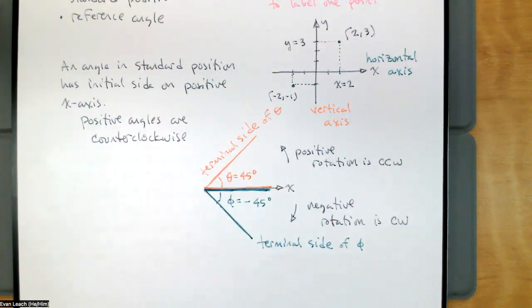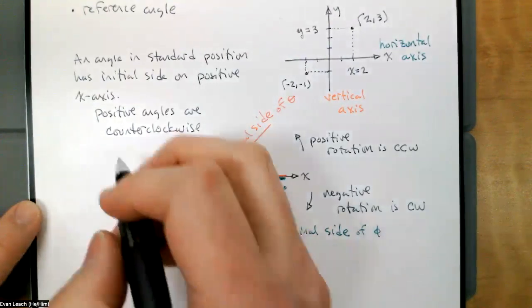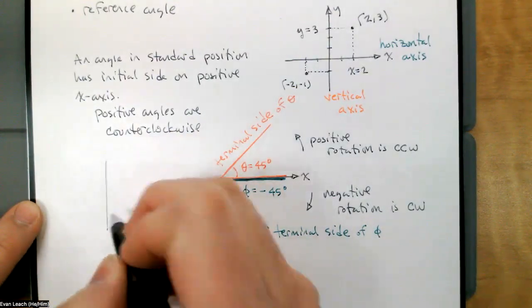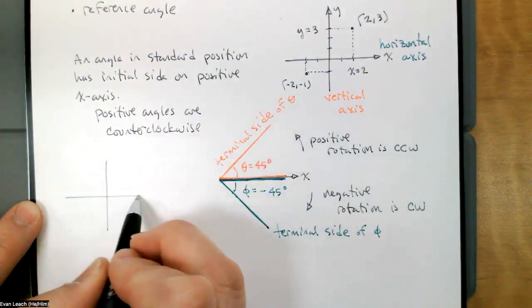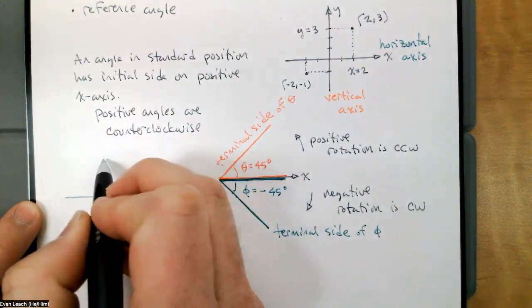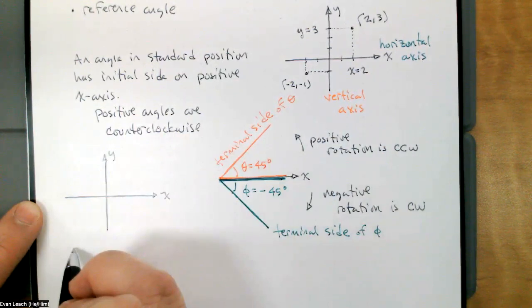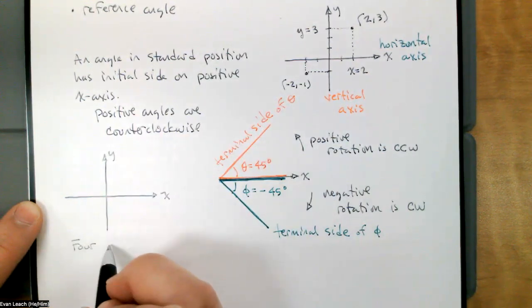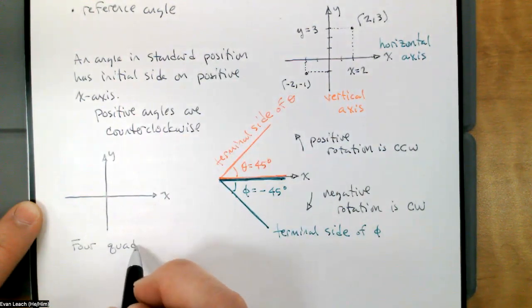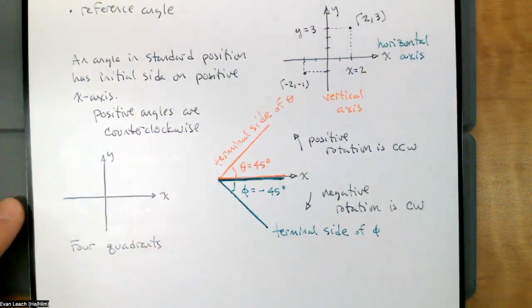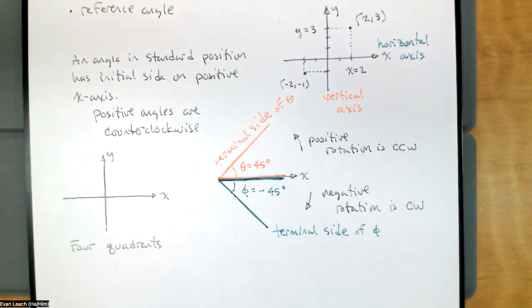When we have these two axes, we divide the plane up into 4 quadrants. And we really want this counterclockwise stuff to go.